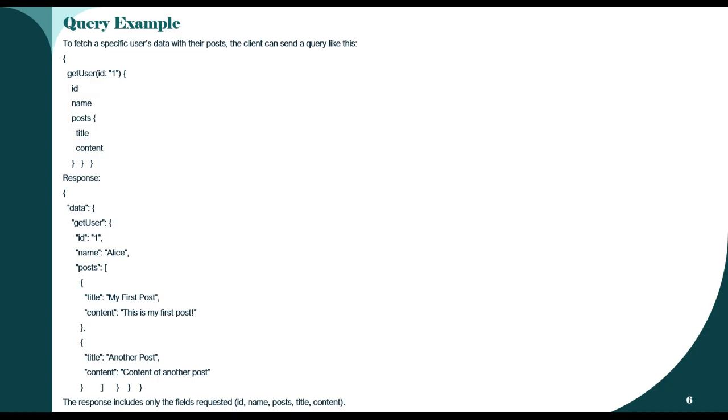Ultimately it is going to get a response like this, where you have the user, and under that the ID, name, posts, and ultimately the title as well, in the sub JSON. There is an array of multiple titles and multiple contents. So this is the response you will get according to the request, in the same format.